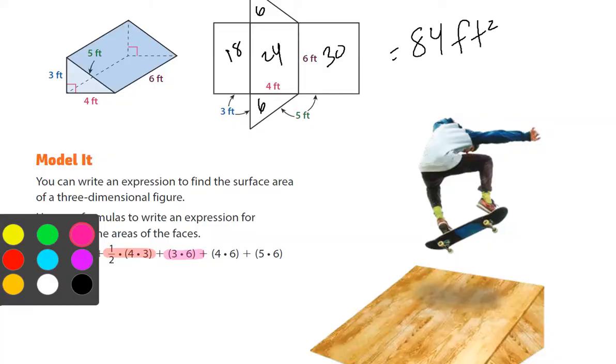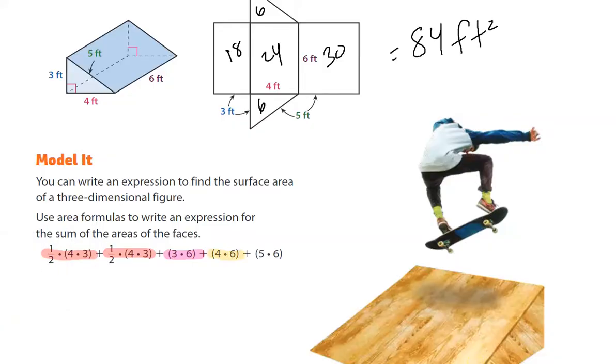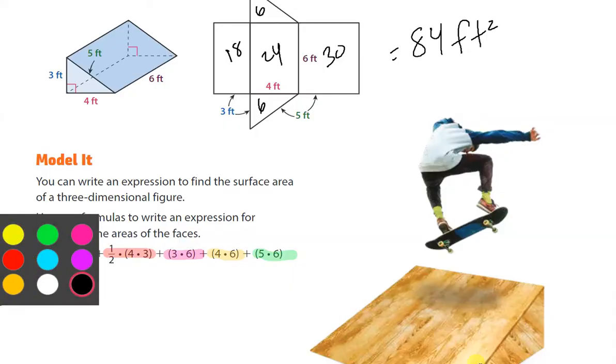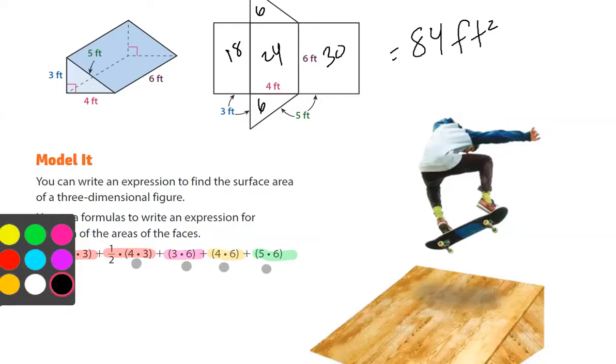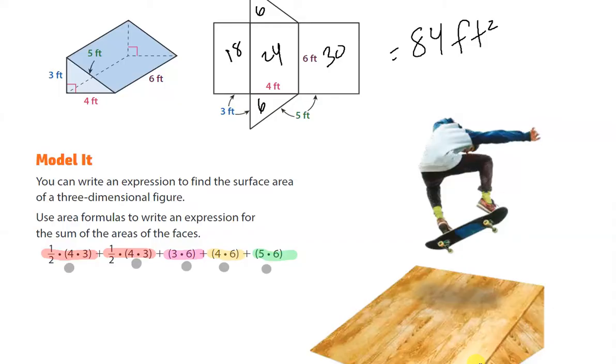So this one is the area for the orange one, and this is the area for the green one. So they took the area of each part, each individual piece of the ramp, and then added them all together. They just wrote it as one big line, but that's what we did above.